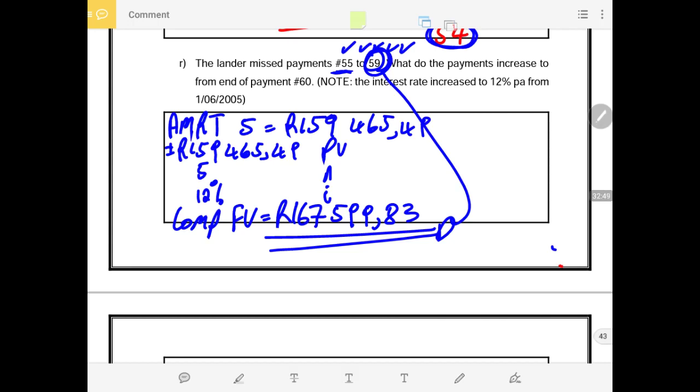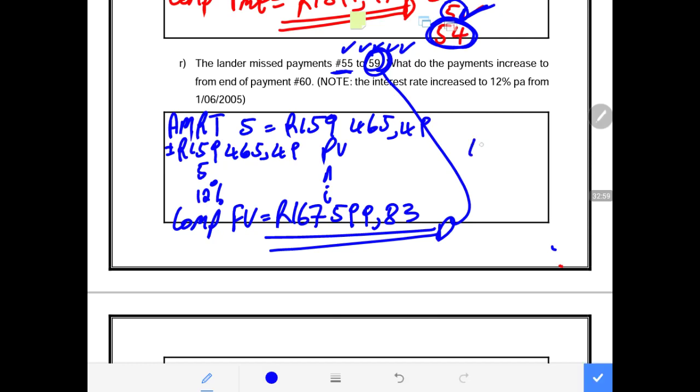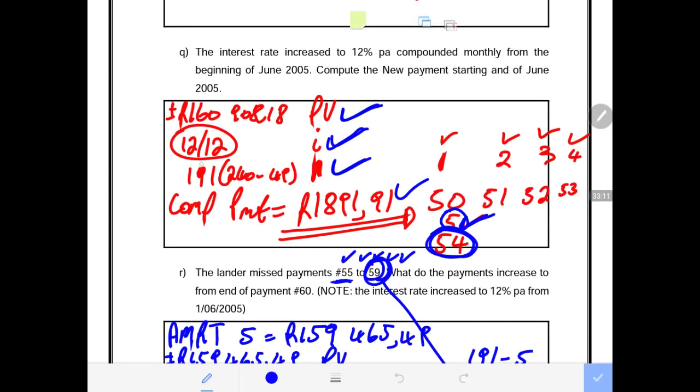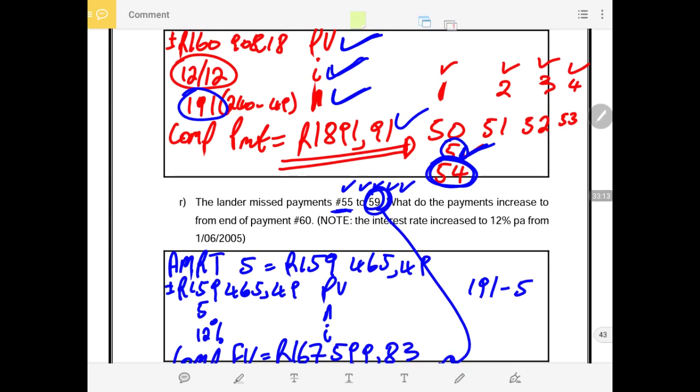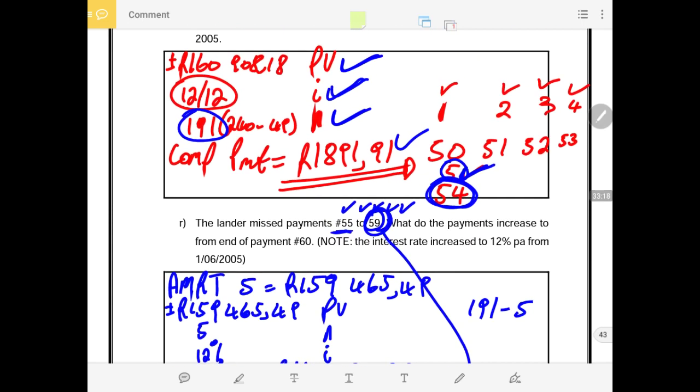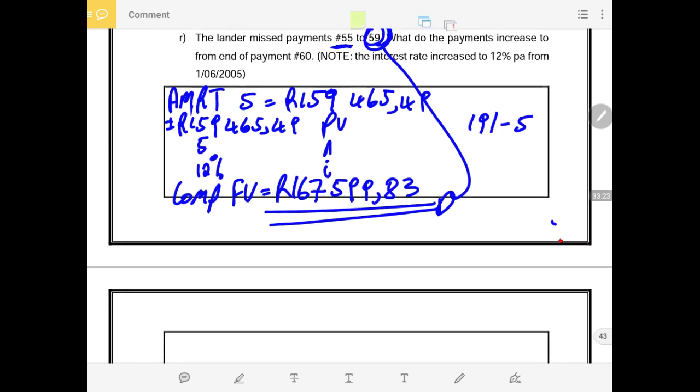Remember, we had 191 that were remaining, and that 191 was from the previous calculation at 12%. Out of that 191, 5 payments were made, on payment numbers 50, 51, 52, 53, 54. So 5 payments were made.